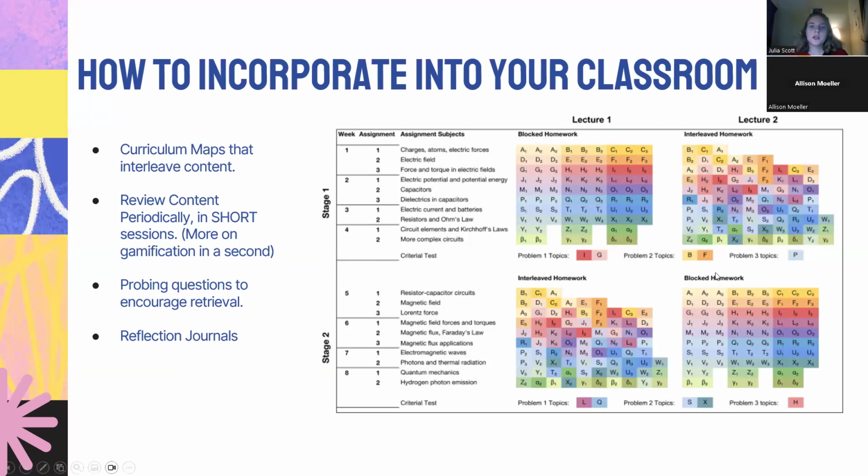So here's an example over here of blocked practice, right? You're practicing A over and over and over again, practicing B over and over and over again, and then C, okay? Interleaved practice is when you have shifted how you're practicing with your students.